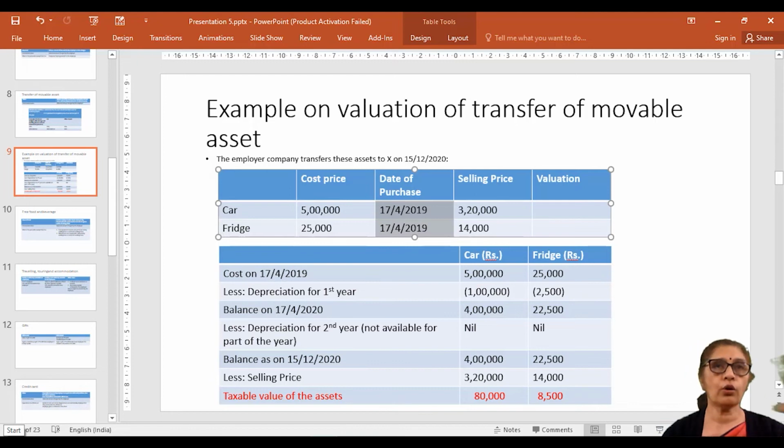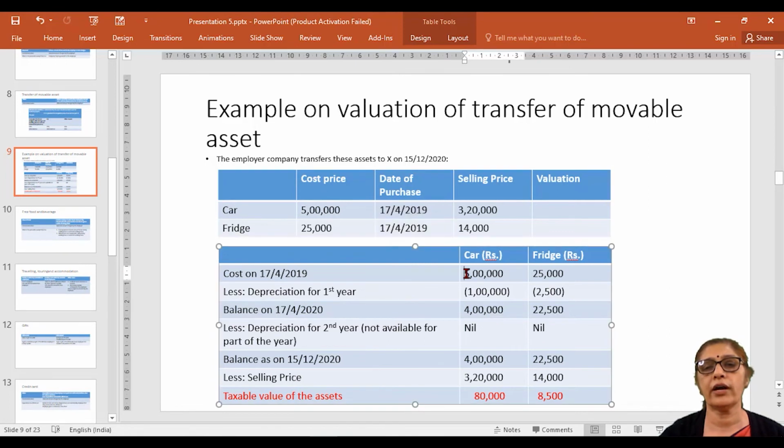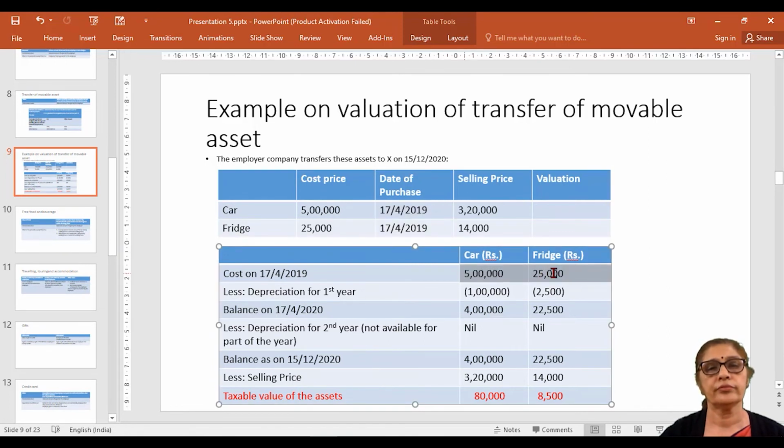So what do we do? Cost less depreciation for completed years. That is the value. And if you are charging anything from the employee, then the amount charged is to be deducted, balance is the taxable value. So cost on 17th April 2019, car 5 lakh, fridge 25,000. Depreciation for the first year, 17th April 2019, first year finishes on 16th April 2020.